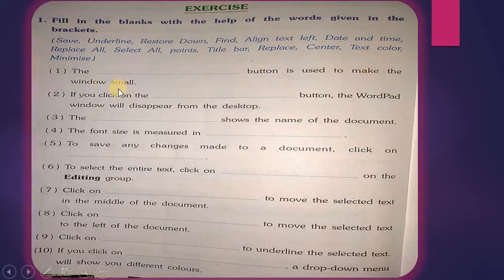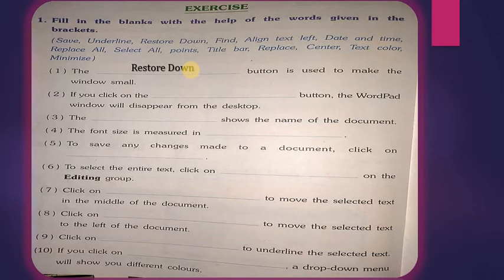So you can see the three buttons at the right side: minimize, maximize, close button. So which button is used to make a window smaller? Smaller means what? In the full screen of the monitor we can make a small window. So the correct answer is restore down.